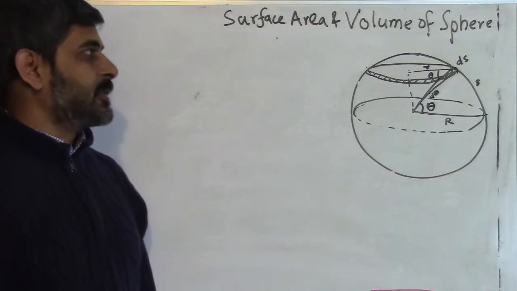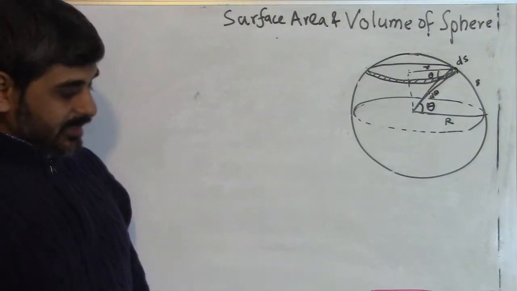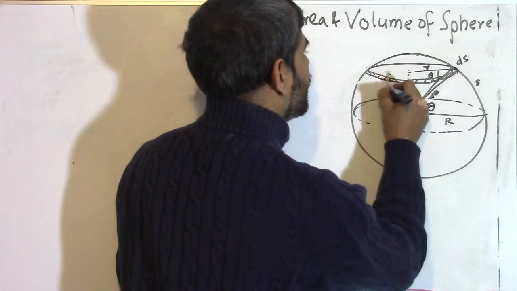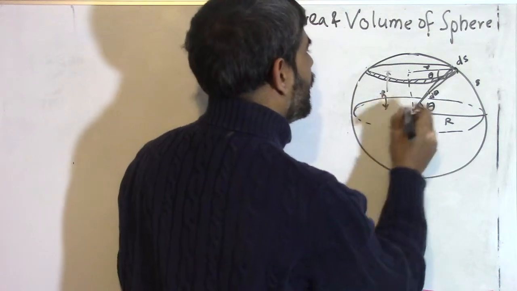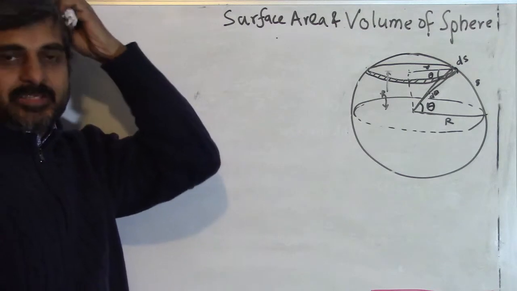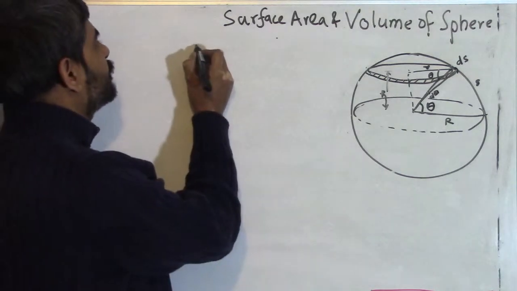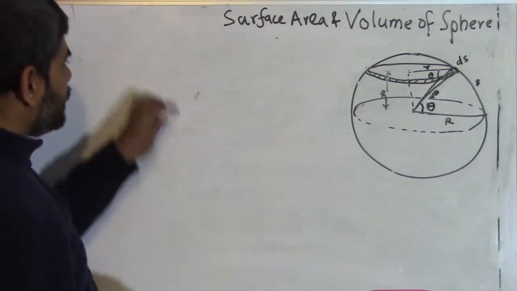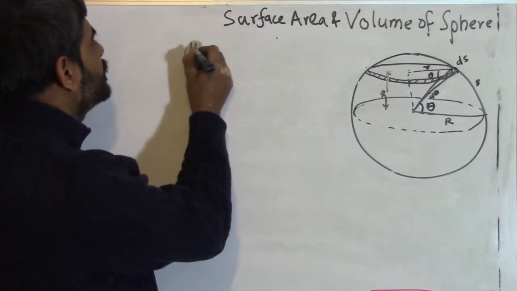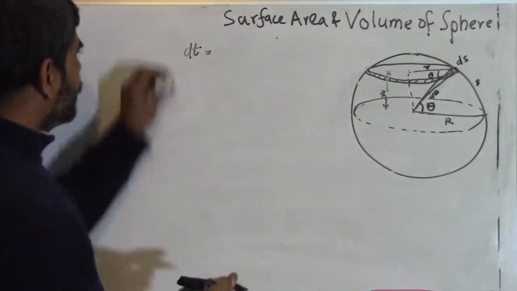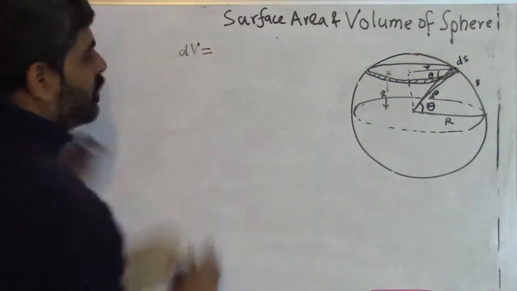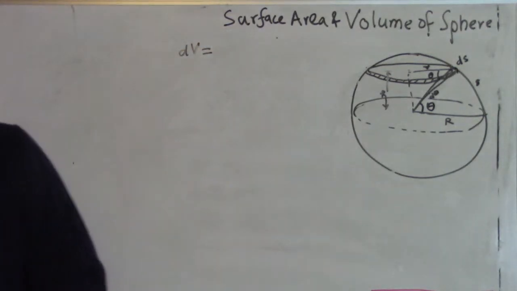It looks like a cylinder, and the height of that cylinder, we will call it dh. Let us introduce another temporary variable, dv, which is the volume of this cylinder.